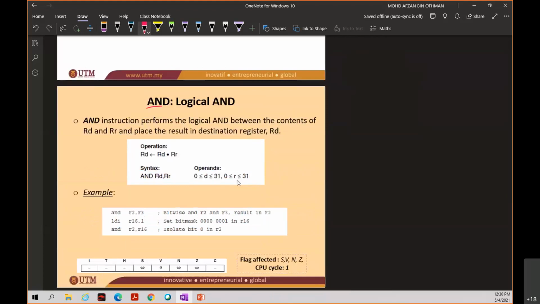This logical AND performs the logical AND between the content of Rd and Rr and places the result in the destination register. So this is the operation here, Rd dot Rr. The dot here means that you're going to do the logical AND and put the result to your Rd. Syntax is AND Rd, Rr.